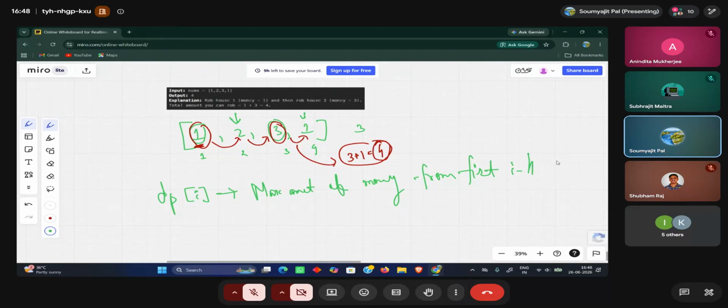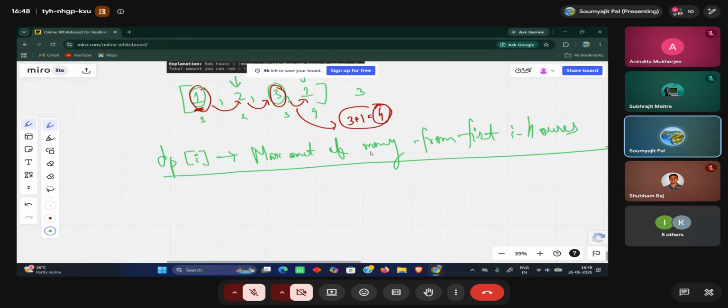What will be my base cases? dp of 1 would be simply the value of a of 1. From only one house I can rob that house, so I'll get my value as a of 1.